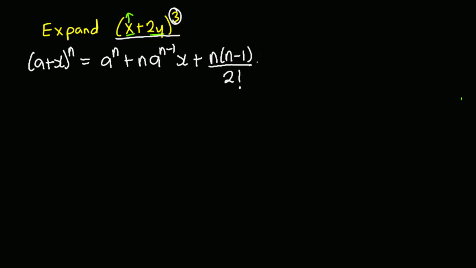Then you are going to multiply the a, but this time reduced by 2.